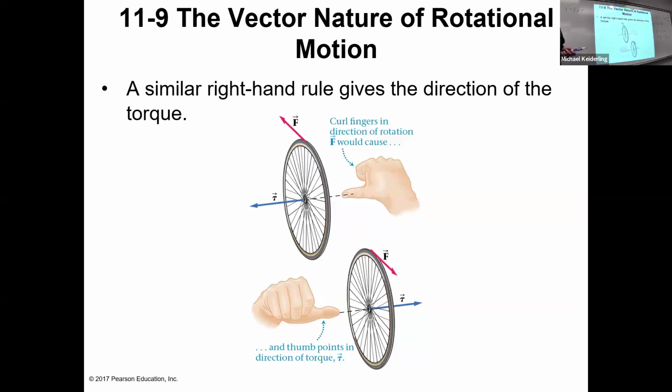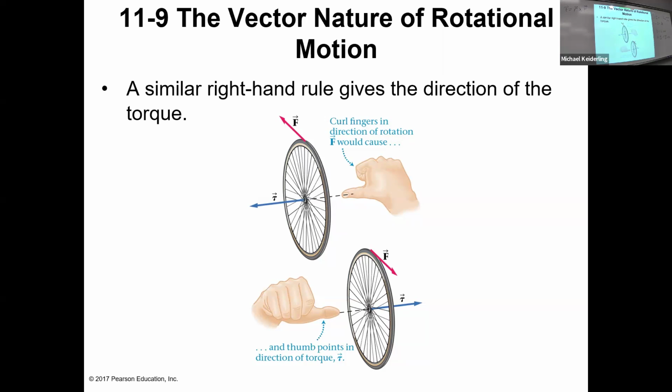A similar right-hand rule gives you the direction of the torque if you curl your fingers in the direction the torque would go. And I believe this is the torque as a vector. Just want to make sure I get this in the right order. Yeah, it's radius cross force.